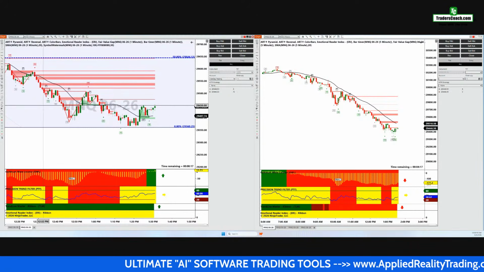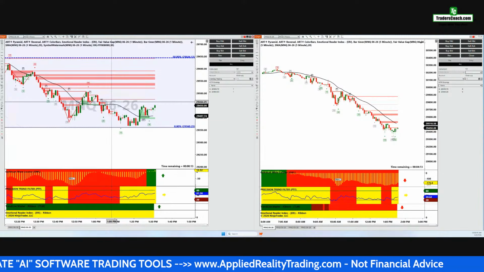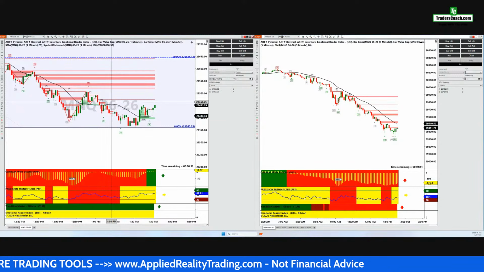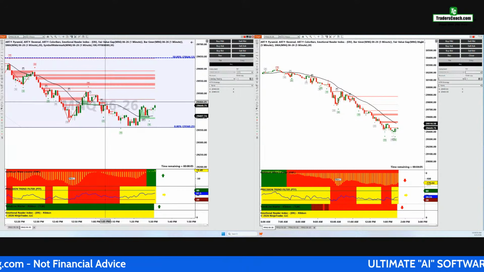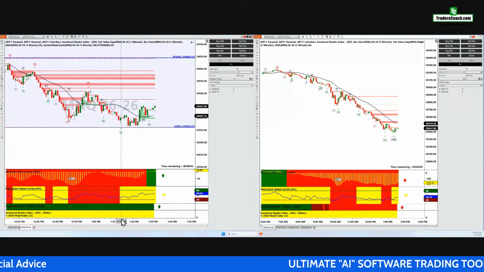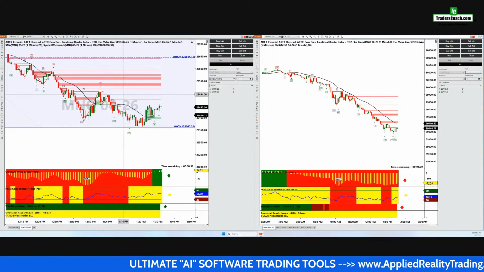Why didn't it print as a P? Because we still have an active short trade on that pyramid that's bearish on the left. Don't forget, if you get stopped out here and you were short, you just made like 300, 400 points. So you're walking, you're done for the day.